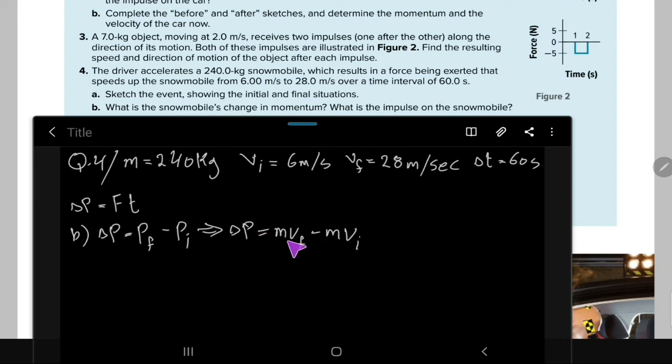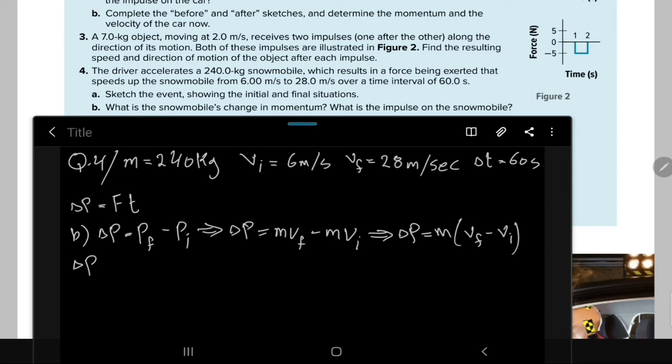Because we have the same mass in the final one and the initial one, we will write our equation like this: delta P equal to m, this is the constant, and here we have V final minus V initial.